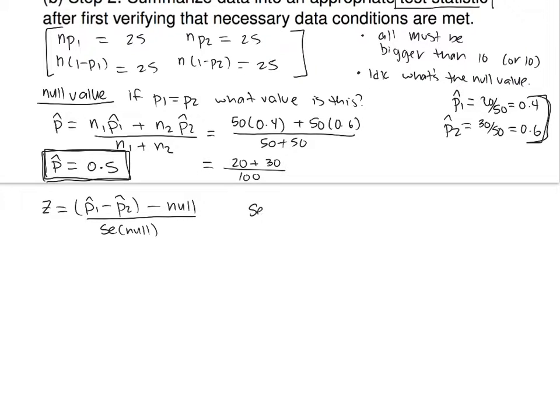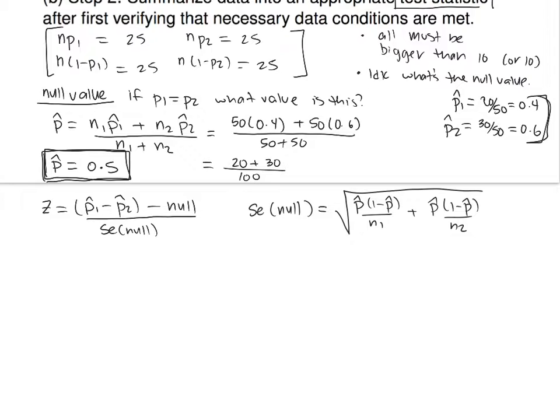And the standard error of your null value is given by this, root p hat times 1 minus p hat over n1 plus p hat times 1 minus p hat over n2.